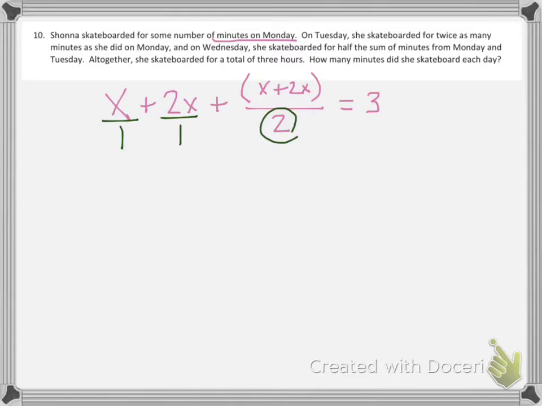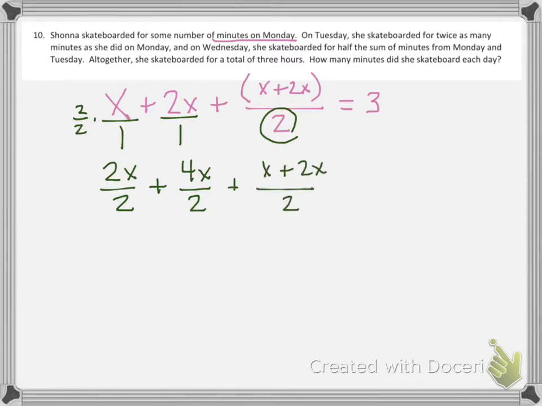So I'm going to multiply by 2 over 2 to get 2x over 2 plus 2 over 2 times 2x over 1 would be 4x over 2 plus x plus 2x over 2. Now, everything is over 2, so now I can add.